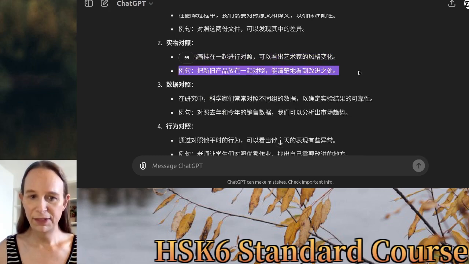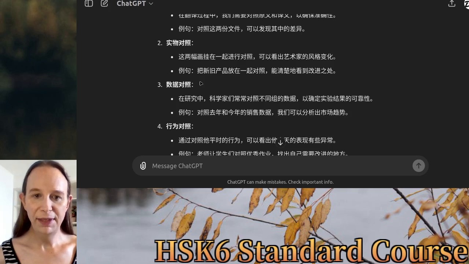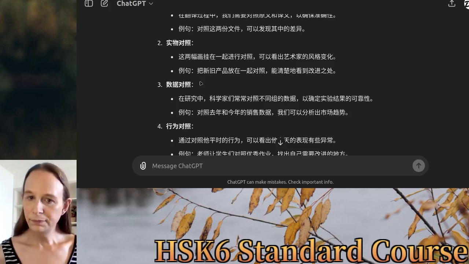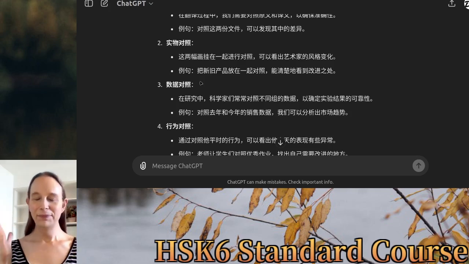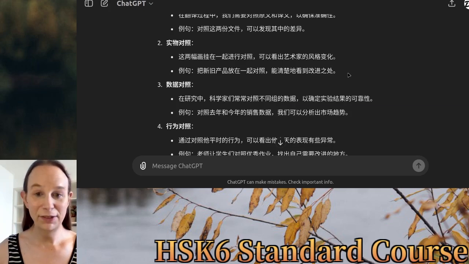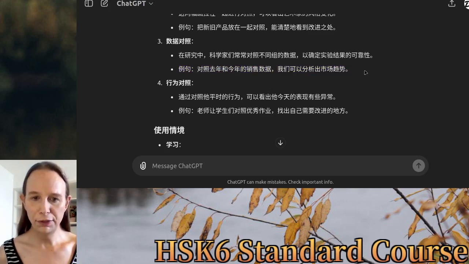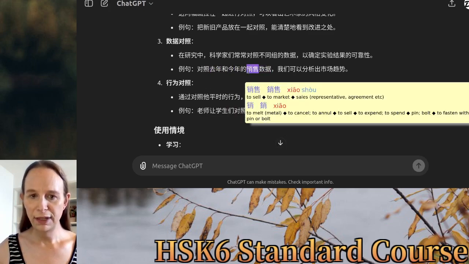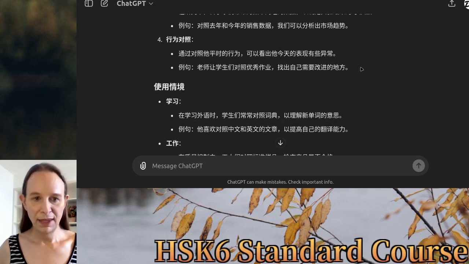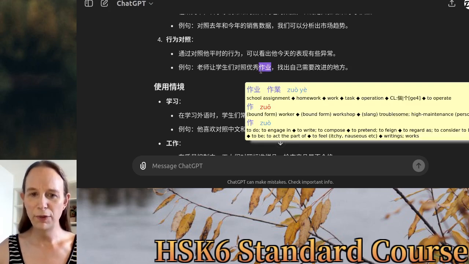What's this next one? We'll just read the example here. 把新旧产品放在一起对照，能清楚地看到改进之处。Yeah, so you compare old and new, maybe see how it's changed or improved in this case. 对照去年和今年的销售数据，我们可以分析出市场趋势。All right, so we're comparing last year's and this year's 销售数据, sales data. 老师让学生们对照优秀作业，找出自己需要改进的地方。So this could be homework.